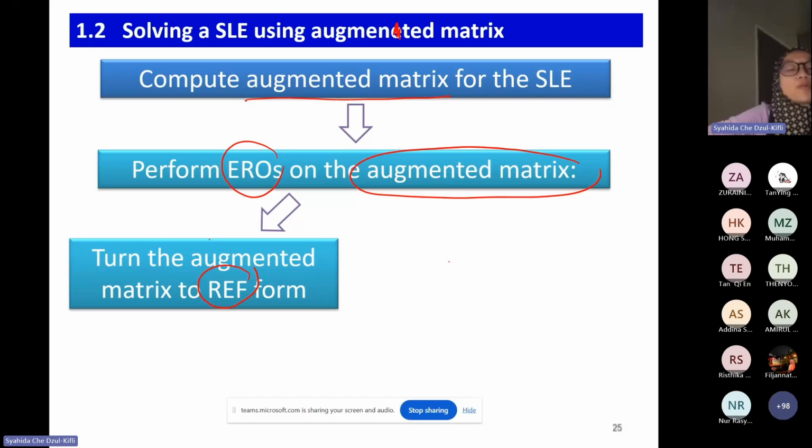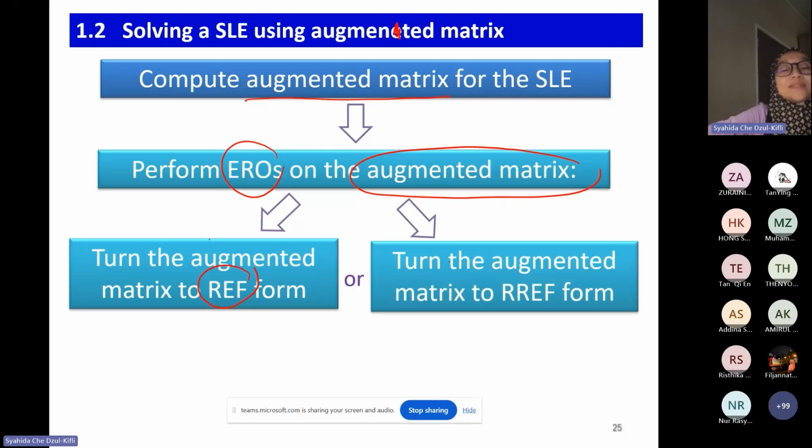Or we may also turn it into REF, which is row echelon form, and RREF is reduced row echelon form. We are going to look at that later on.